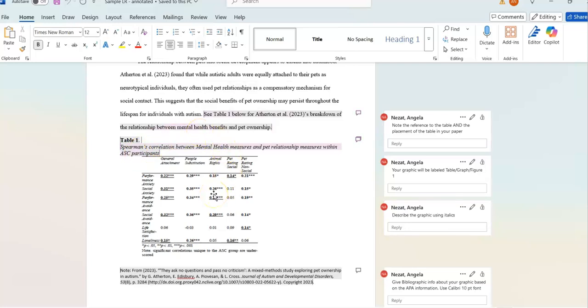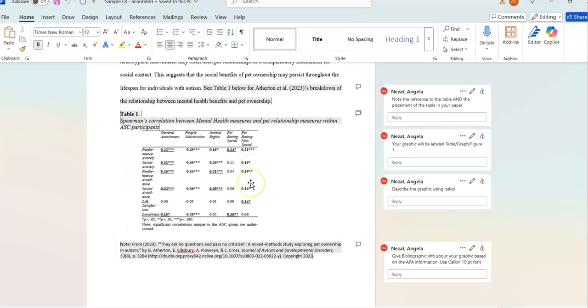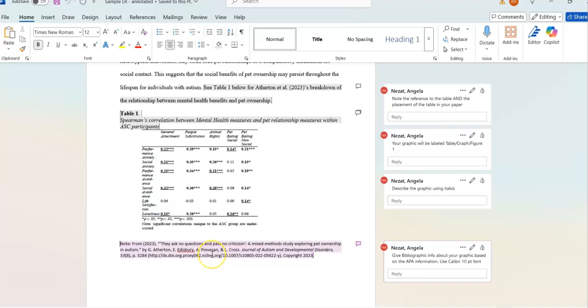Then you're going to include your graphic. Again, it'll be basically left justified. And then just below it, you've got to give your bibliographic note. And what I'm going to tell you to do, so I don't have to go through every single bit, is basically follow what I have here. You've got the title of your article in italics.